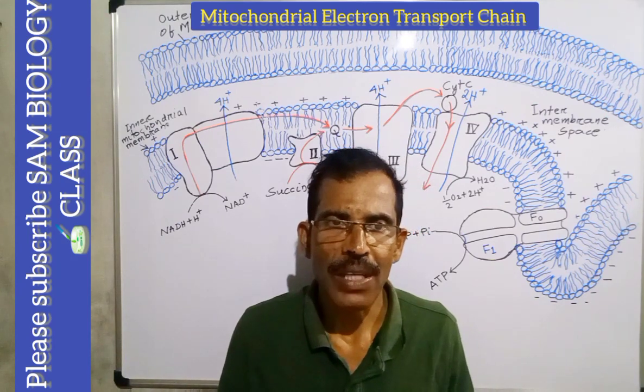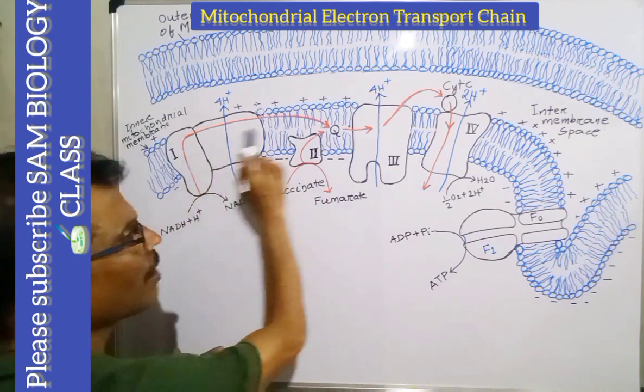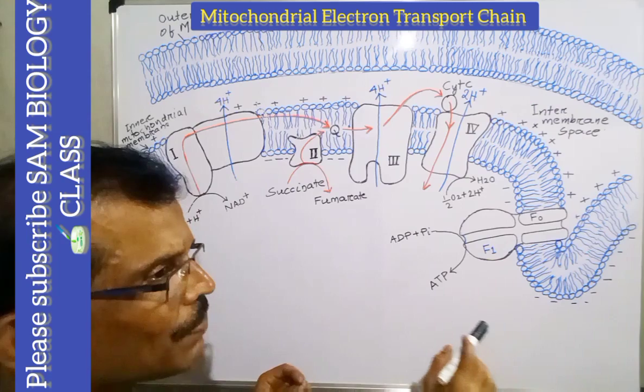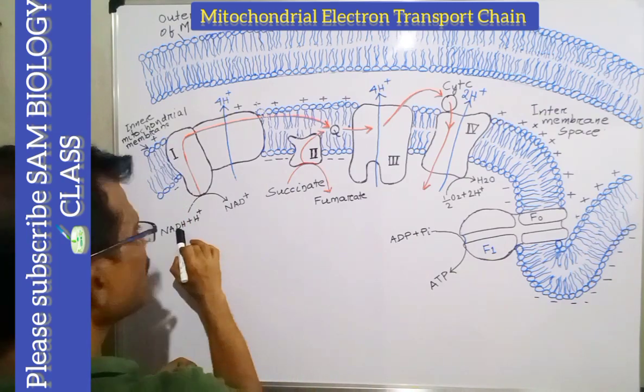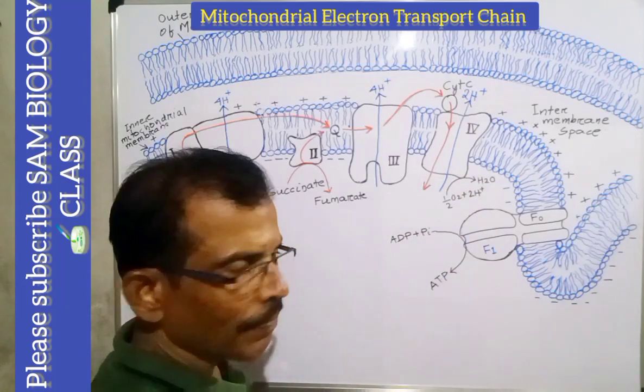All components of the respiratory chain are located in the inner mitochondrial membrane and they are concerned with the transfer of electrons from NADH and succinate to molecular oxygen.